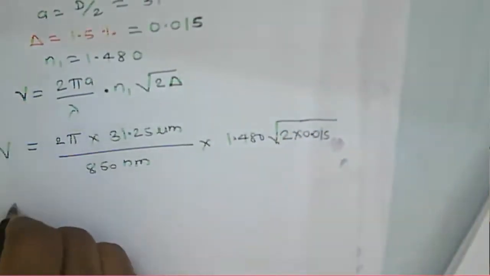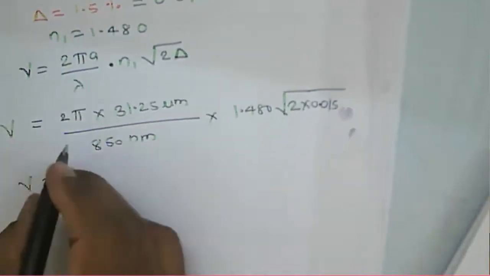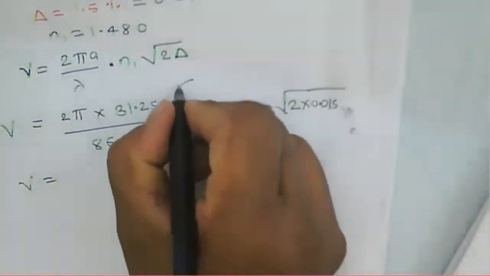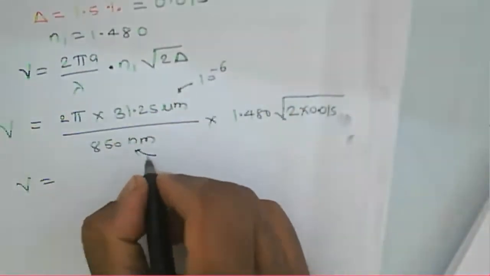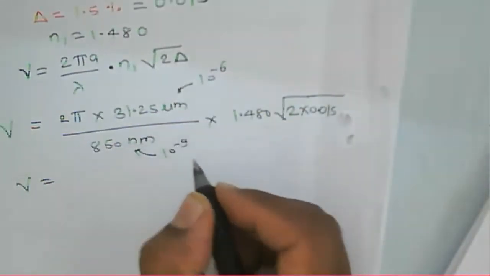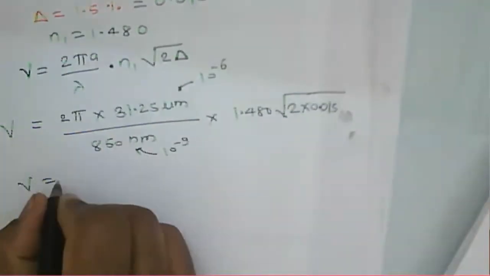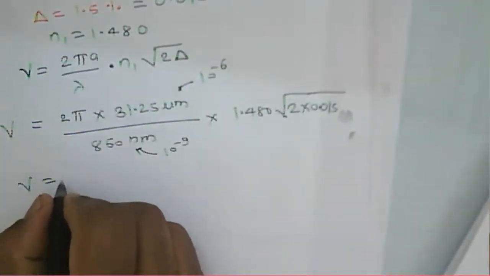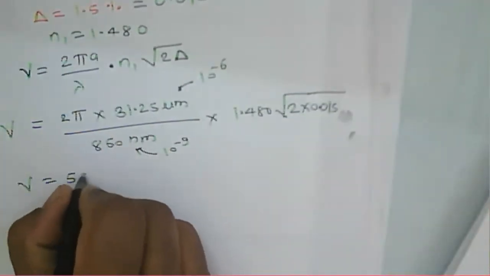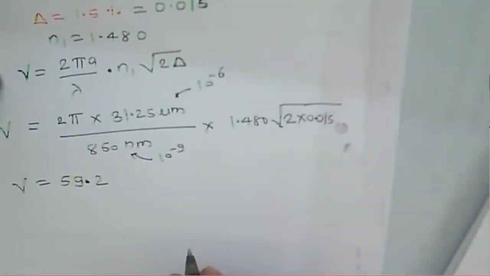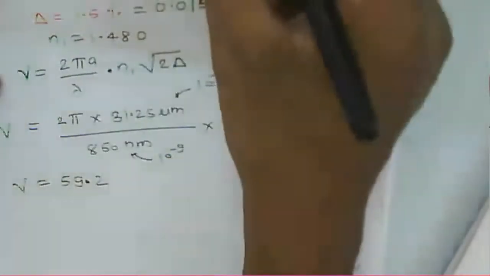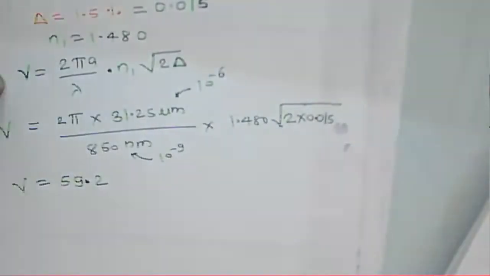Then we'll get the V number. After solving this, micrometer means 10 to the power minus 6 and nano means 10 to the power minus 9. V is equal to 59.2, that is the normalized frequency value.